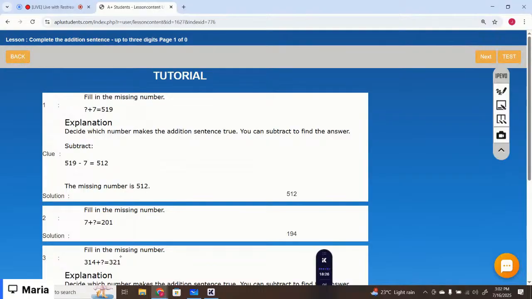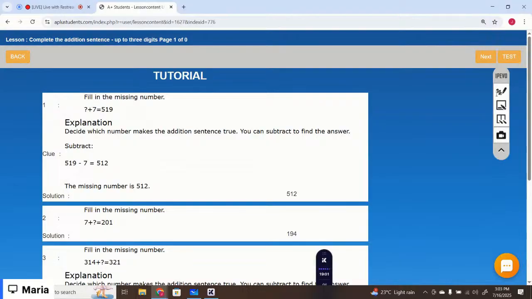Fill in the number. Seven plus what number equals 519? So we need to find what number, when added to 7, makes 519.